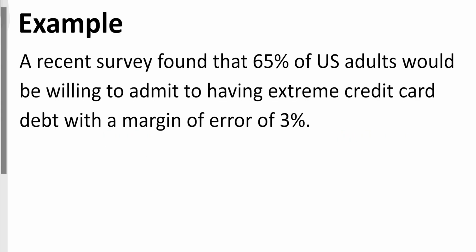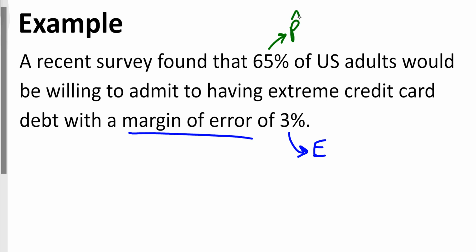So an example, it says a recent survey found that 65% of U.S. adults, again, we're looking at a proportion here, would be willing to admit to having extreme credit card debt with a margin of error of 3%. So the idea here is this is considered our E. Capital E is our margin of error. Okay. This is our P hat.